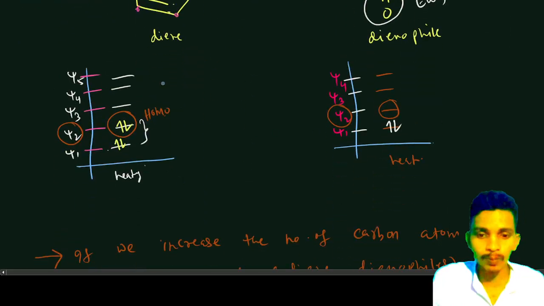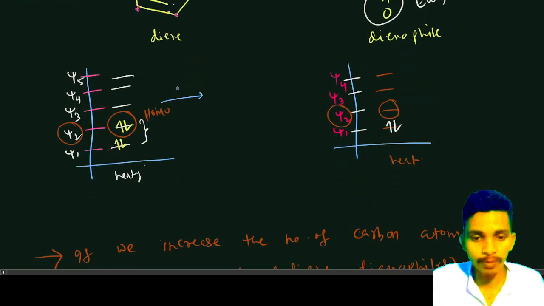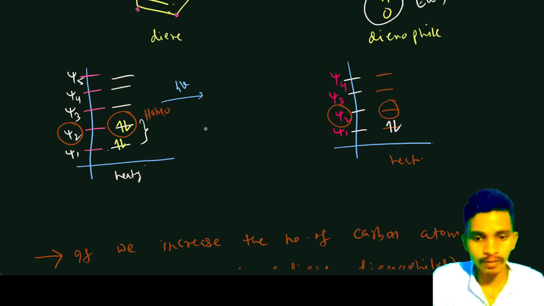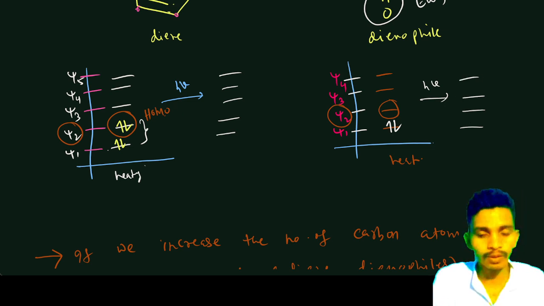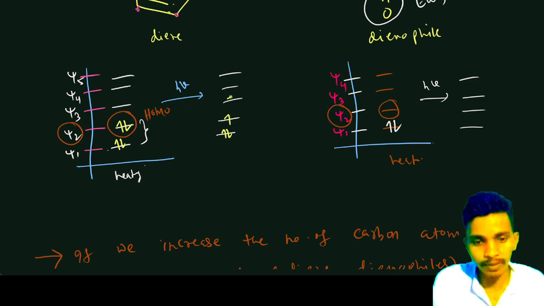Even here, if you give photochemical conditions to this, 1 2 3 4 5, and here also 1 2 3 4, one electron will be shifted to here.